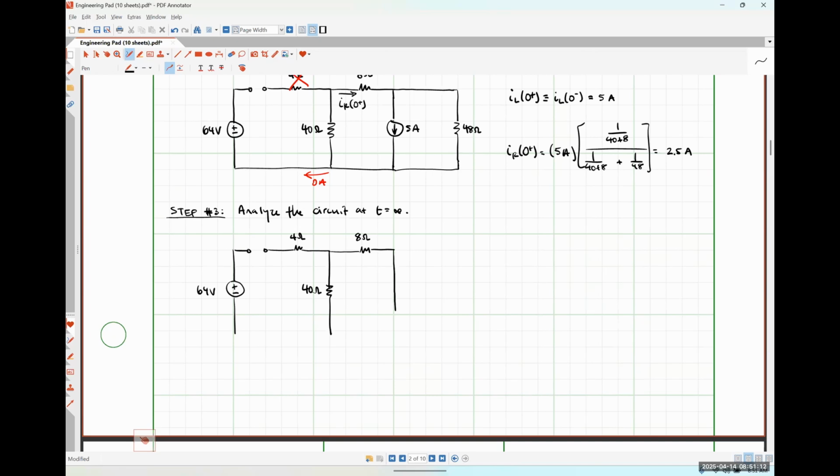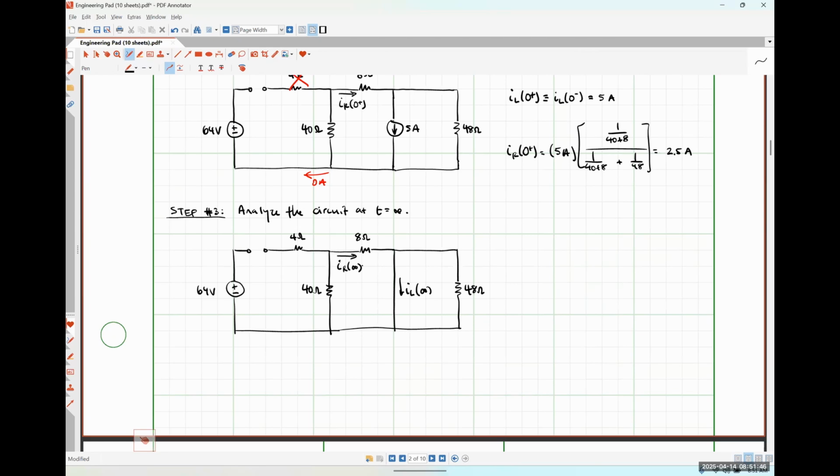So T is equal to infinity is DC steady state. So we're going to replace our inductor with a short circuit. Here's our 48 ohm resistor. Here is IL of infinity. And here is IR at infinity.